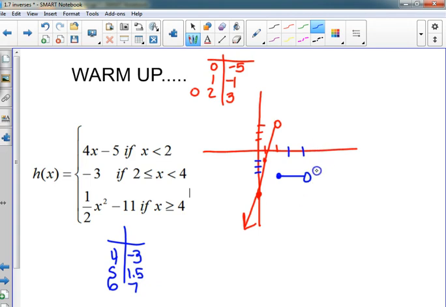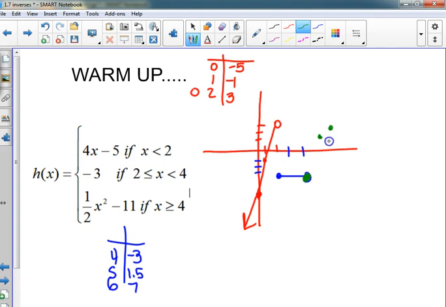So 4, -3. Does 4, -3 sound familiar at all? It's this one, right? It is continuous at that spot. 5, 1.5 would be up here somewhere. 6, 7.